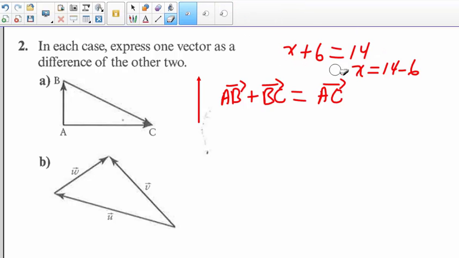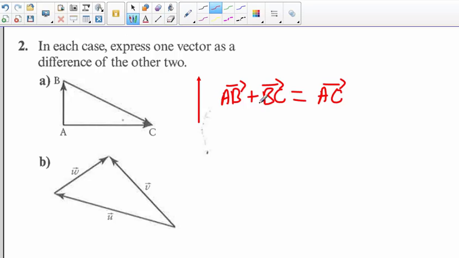In this case, obviously, I'm not going to be able to do the quote-unquote finish up step, but the math still holds that if AB plus BC equals AC, then AB can be written as AC minus BC. And now how does that look if I try to actually solve it?